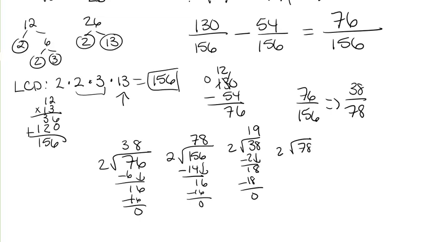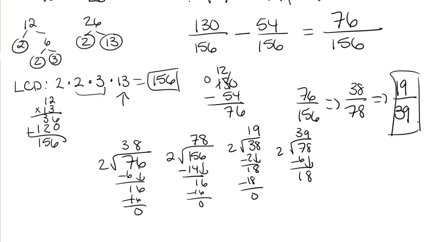Divide by 2. 2 can go into 7 3 times. Subtract, we get 1. Bring down the 8. 2 can go into 18 9 times. So this then becomes 19 over 39, as we took out 2 common factors of 2. And this would be our final solution to this problem.